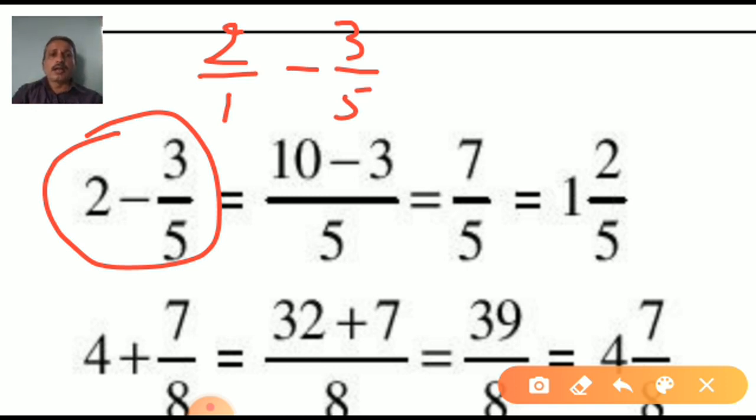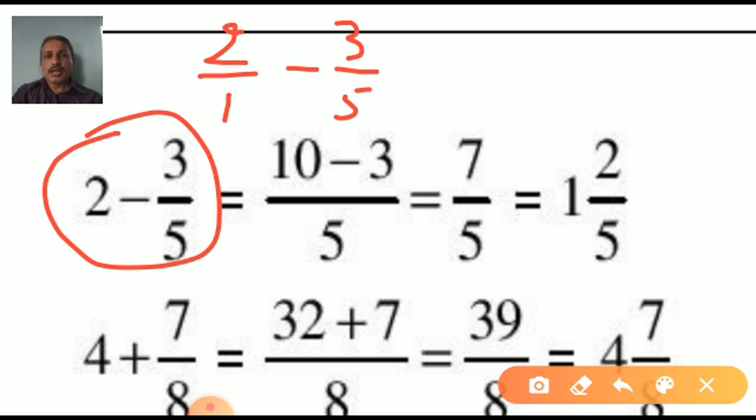Are these both like fractions? No, unlike fractions, because in the first number 1 is the denominator, in the second number 5 is the denominator. To make them like fractions, we have to multiply the numerator and denominator by the same number.